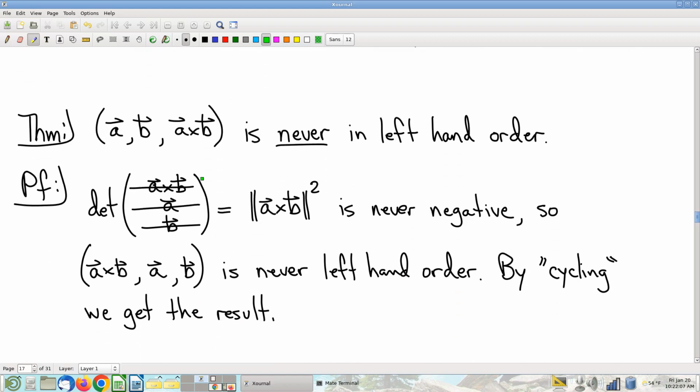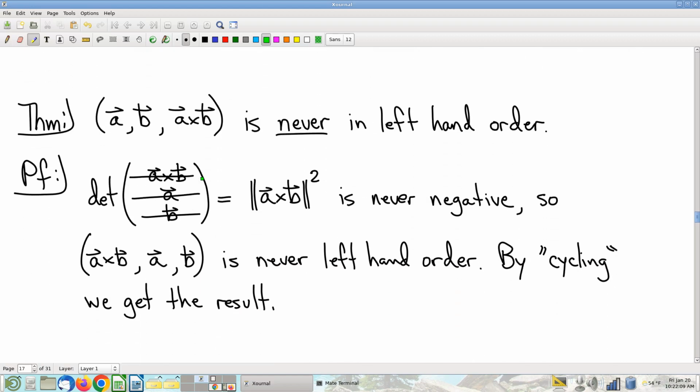Exercise. All that. Okay. Now, I'm going to deliberately misstate this next theorem just because of how you're going to use it most of the time in practice. The deliberate misstatement is that this list is in right-hand order. Now, that's, of course, a misstatement.